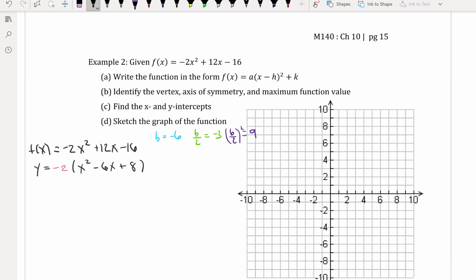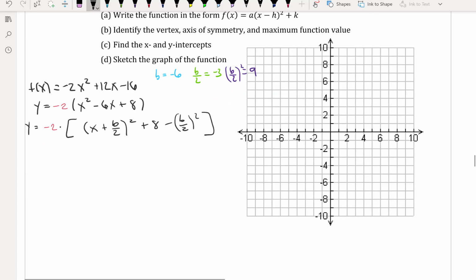So now I have my formula. So I'm going to have y is equal to, and I still have that -2 out in front. I'm going to deal with that later. So I'm going to have x plus my b divided by 2 squared plus 8 minus my b divided by 2 squared. So I'm going to kind of deal with that inside first. So I still have that -2 that I'm going to deal with later.